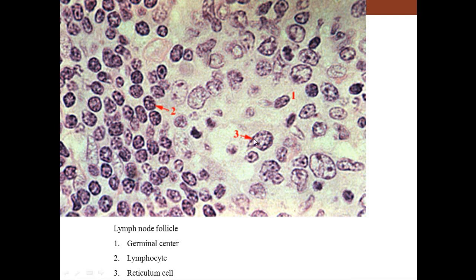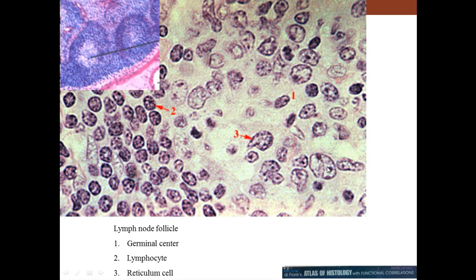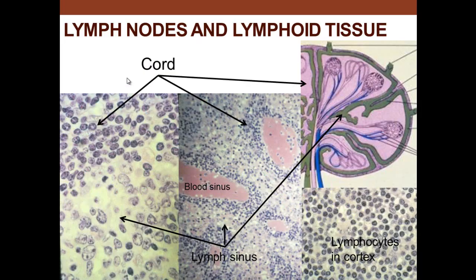You can see the reticulum cells in through here, these big ones here with distinct nucleoli. So we're talking about a germinal center in one of these follicles, and this is in the cortex, just inside the subcapsular sinus, which is just inside the capsule itself.